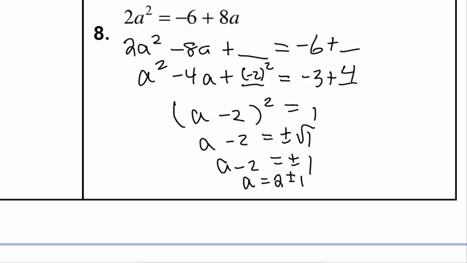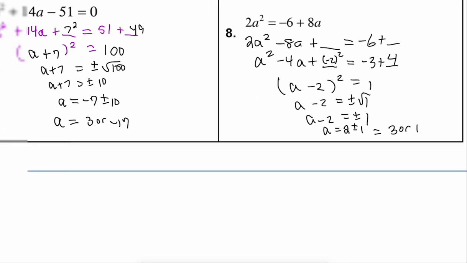So you'll notice it became a positive 2 when it sat in front of there. 2 plus 1 is a value of 3. 2 minus 1 is a value of 1. So that is how that one works.